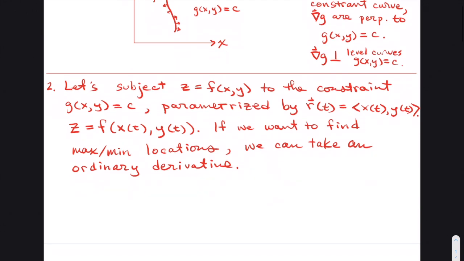So let me just demonstrate that. You would do the derivative of z with respect to t.